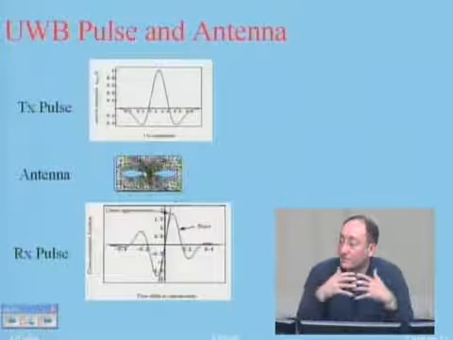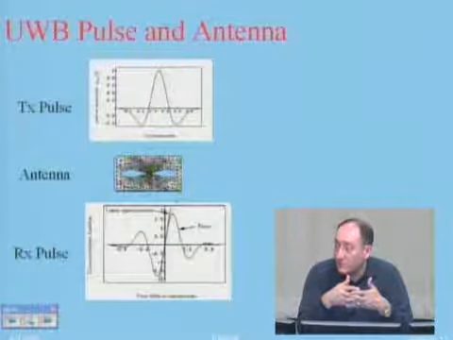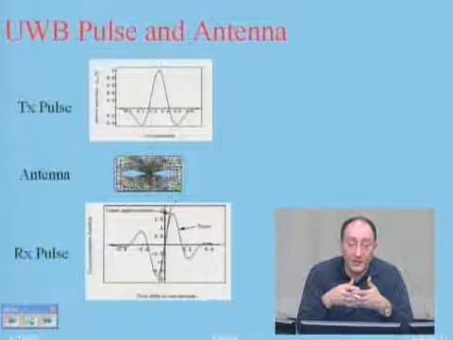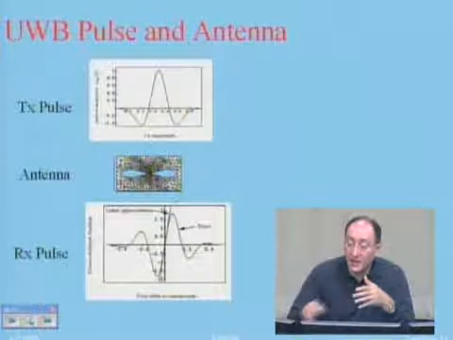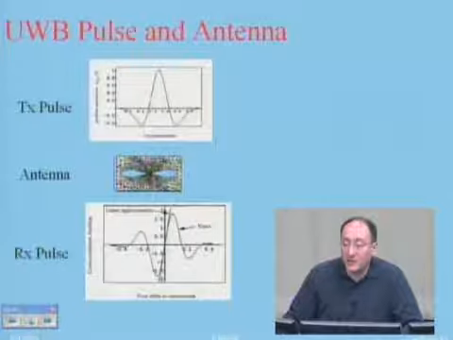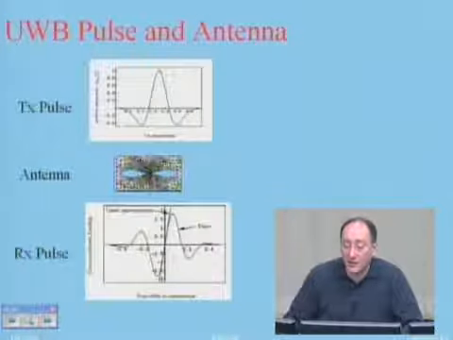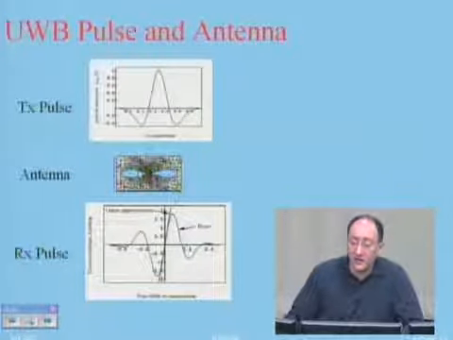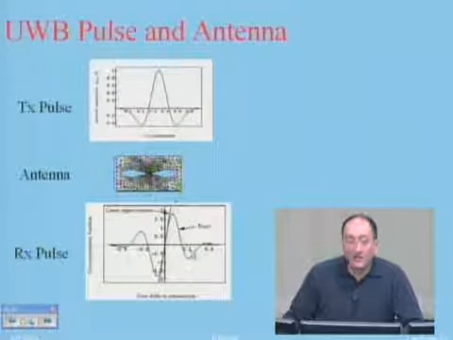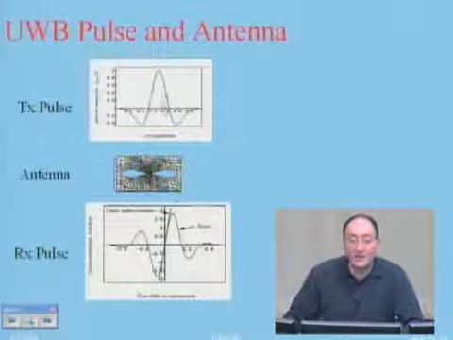The frequency response of the antenna comes into the picture and actually changes the shape of the pulse. In this particular example, I have a bow tie antenna, a patented bow tie antenna by Time Domain, a company in California. The received signal is something like this, which is a sort of derivative of this one.